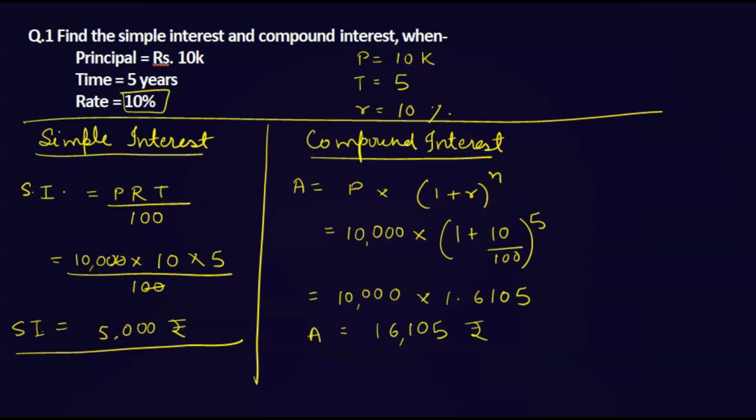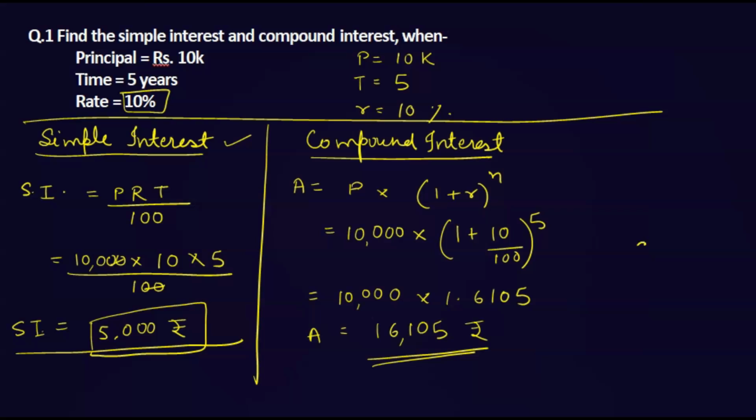Remember one thing, when we calculate simple interest, the 5,000 rupees we got was the interest amount, but here when we use the compound interest formula, we get the amount. This 16,105 includes principal plus interest.